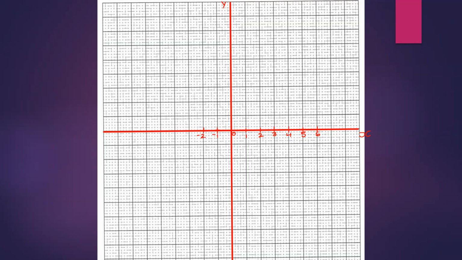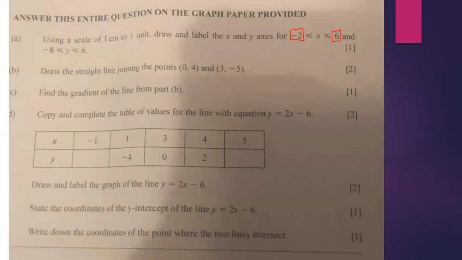Okay, good. Now for the y, Danunika, what's the highest we're going to get for y? Danunika, are you there? Yes, sir. What's the highest y value?